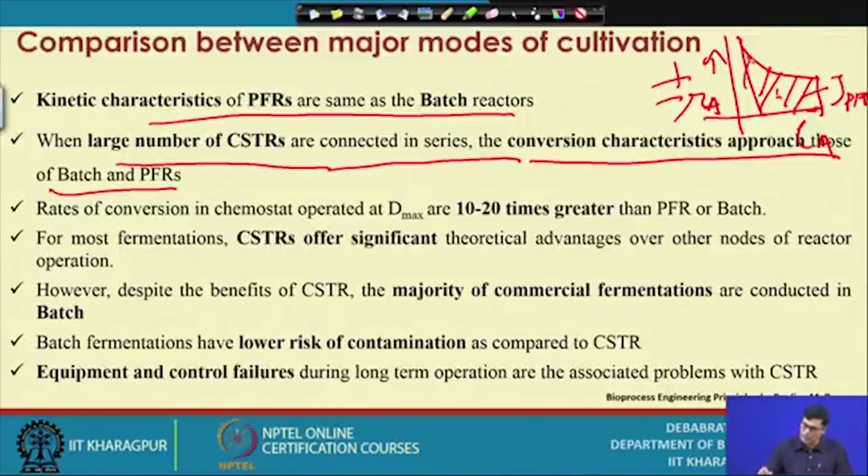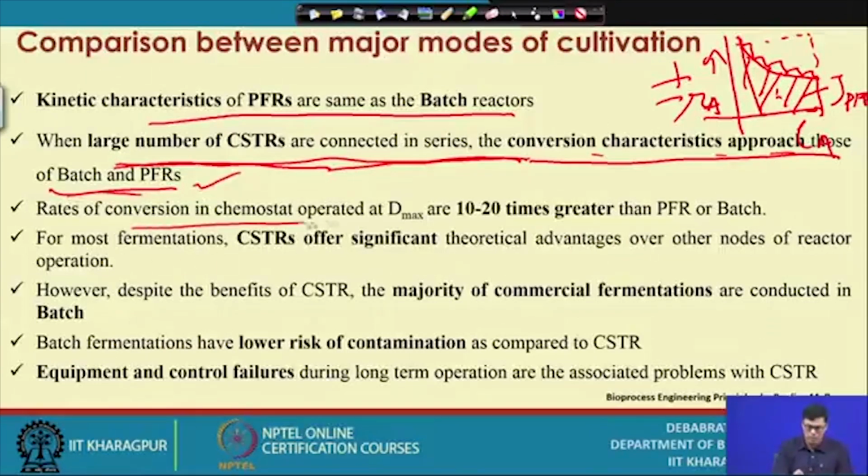Am I right? In case of CSTR the area is more, but this can be replaced by multiple CSTRs like this. This can be a large number of CSTRs connected in series, and the conversion characteristics approach those of the batch and plug flow reactor.